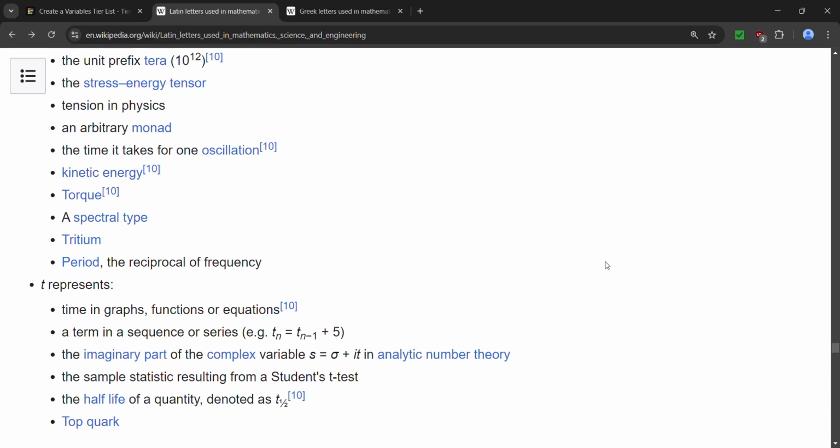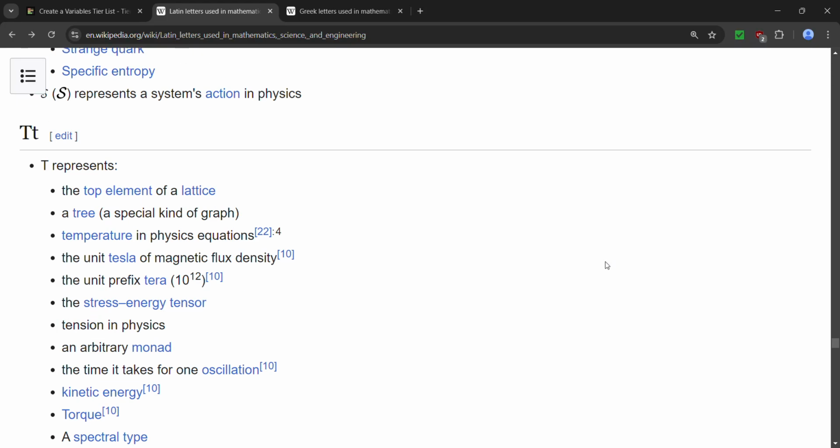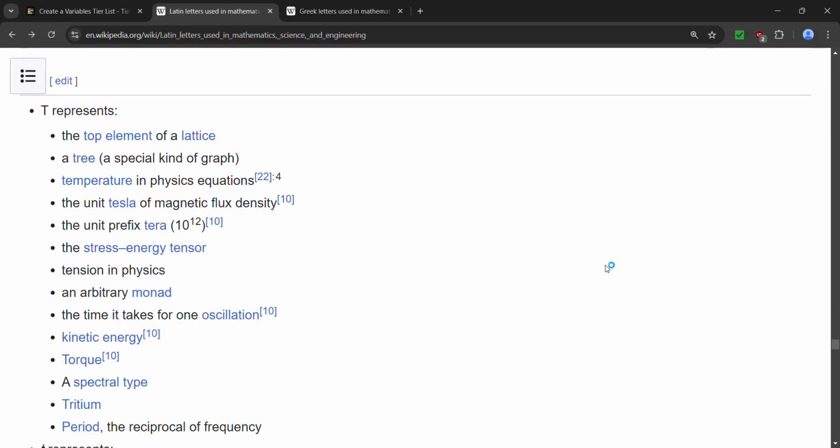Yeah, I'm really thinking this is just about time, temperature, and to a lesser extent torque. And time and temperature, everyone is using those, right? Those have got to be some of the most used variables, period. So I think I gotta put it in A tier just for that.